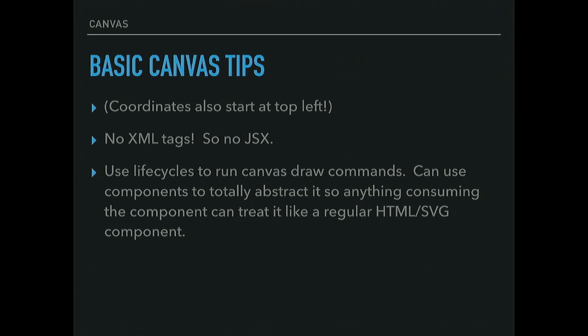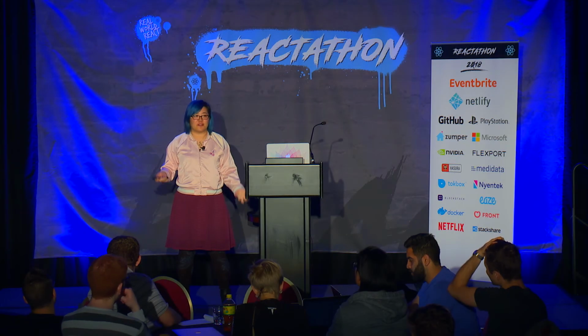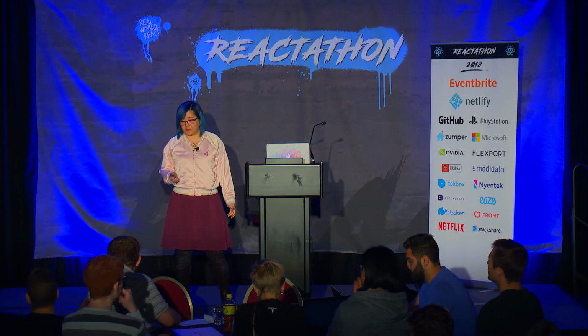So anything that consumes a Canvas component doesn't even know it's a Canvas component. So you can build libraries of Canvas components that other developers on your team that don't know anything about Canvas can just consume without even knowing Canvas is going on under the hood. Or if you really are excited about Canvas, you can create a React custom renderer that renders to Canvas, of which there are a couple that exist. You can create one that meets your custom needs, though.